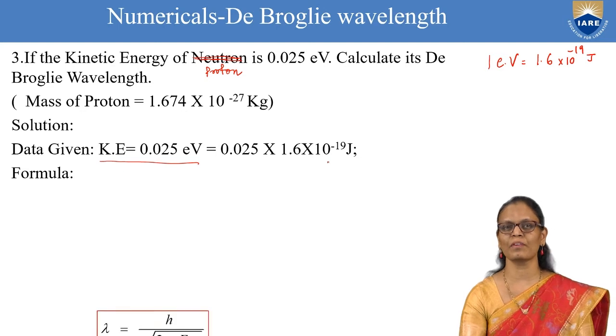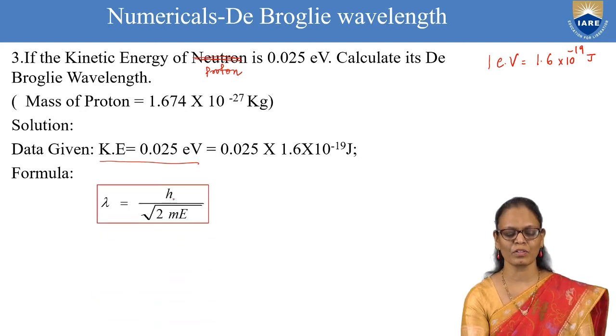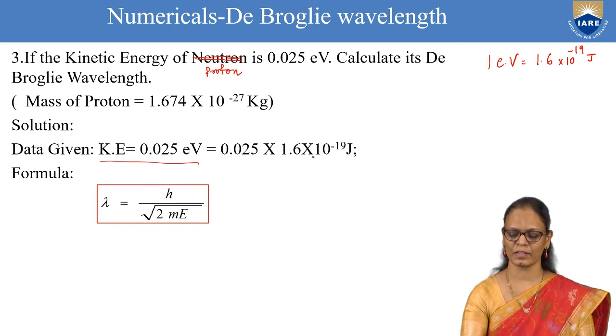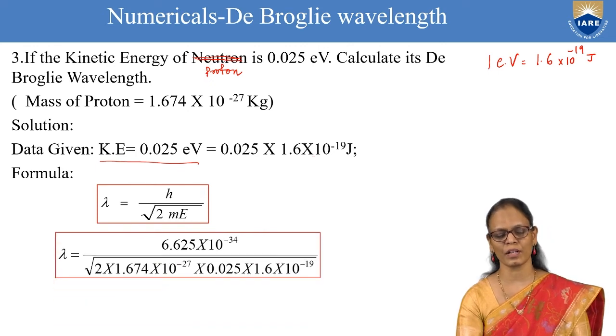Now what is the formula we'll use? Lambda is equal to h under root 2mE. E here is the energy which is given by 0.025 into 1.6 into 10 power minus 19. Let us do the substitution now.